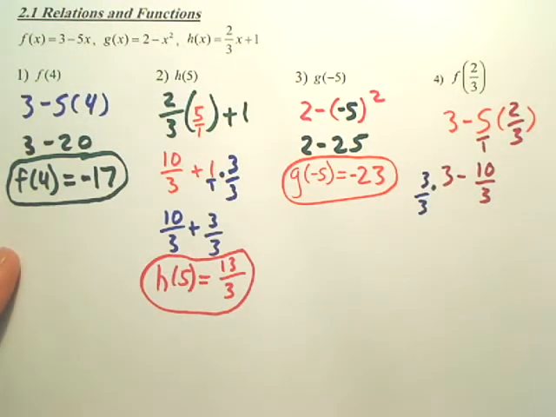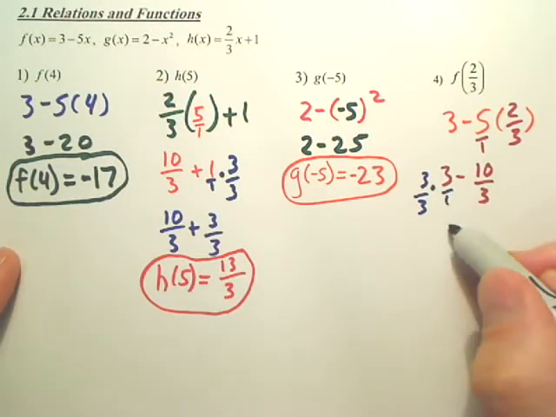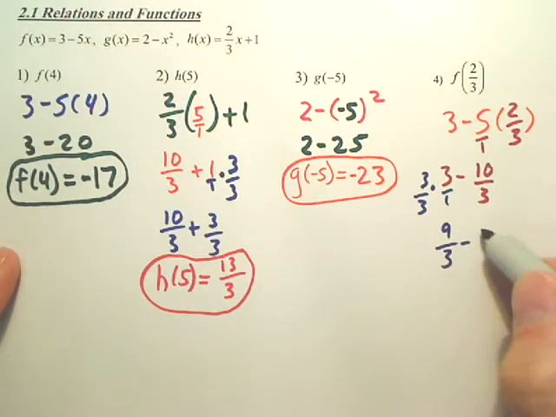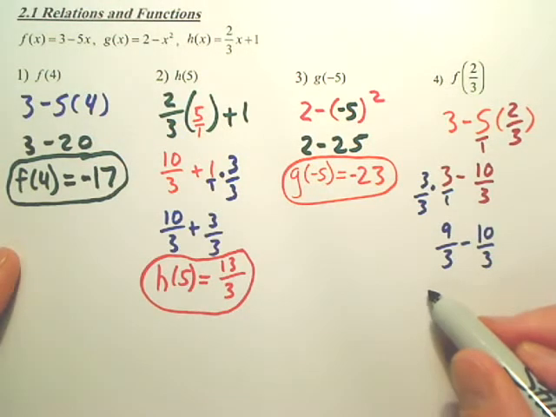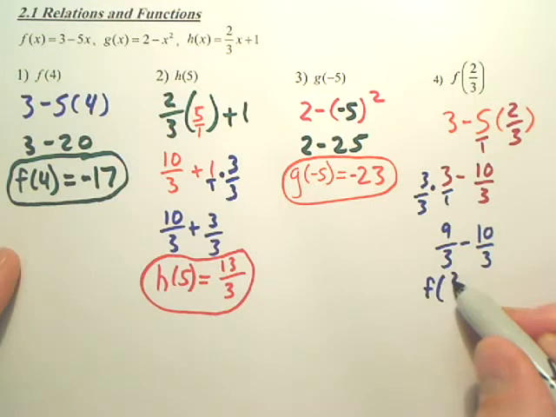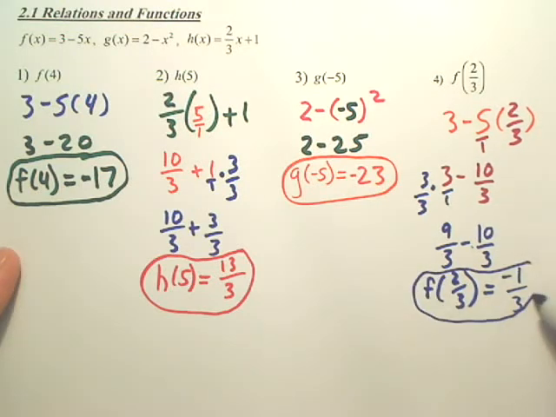So 3 over 3. It's like 9 over 3 minus 10 over 3. So f of 2/3 equals 9 minus 10, which is negative 1/3. Again, all this is saying is take the function f, plug in 2/3, you'll get out negative 1/3.